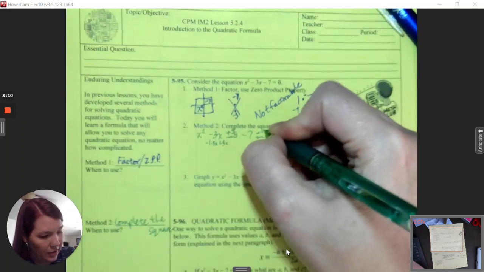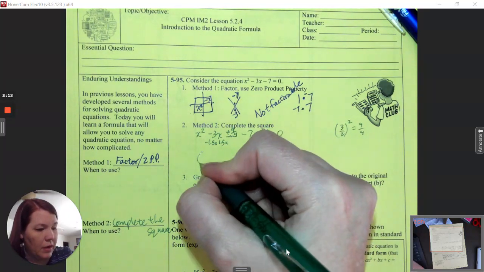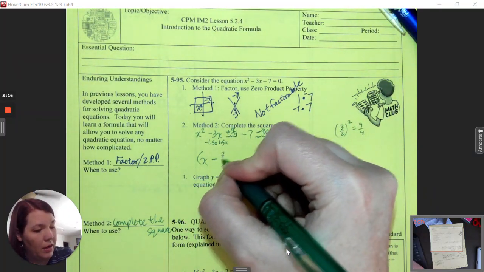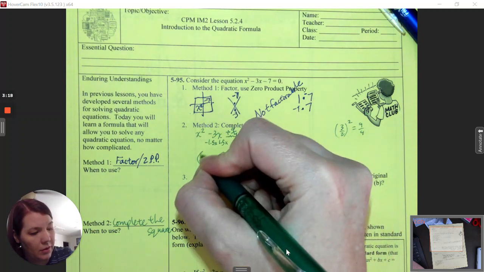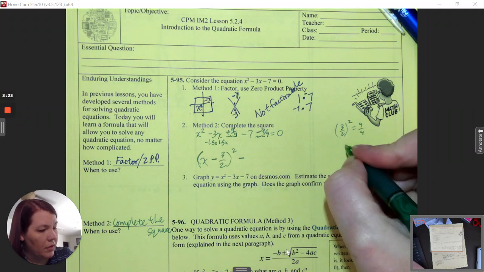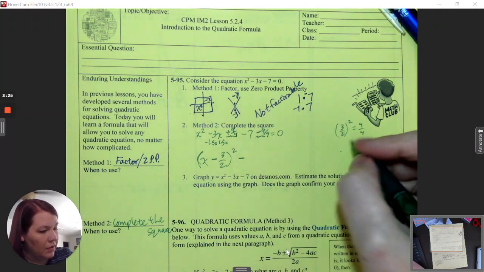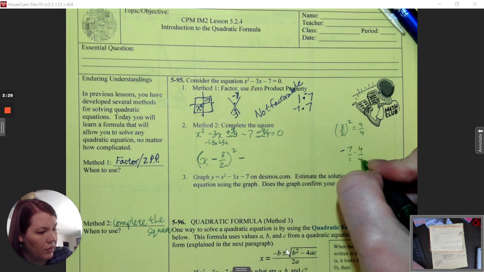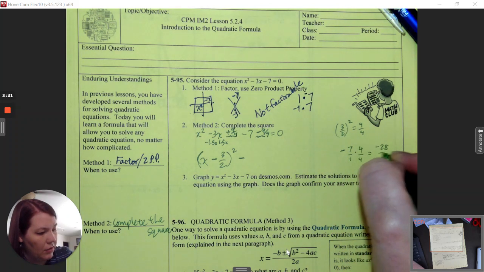Okay, so this becomes x minus either 1.5 or 3/2. I'm going to use 3/2, quantity squared. Minus, and so for fourths, we've got negative 7, which is times 4/4, negative 28/4.